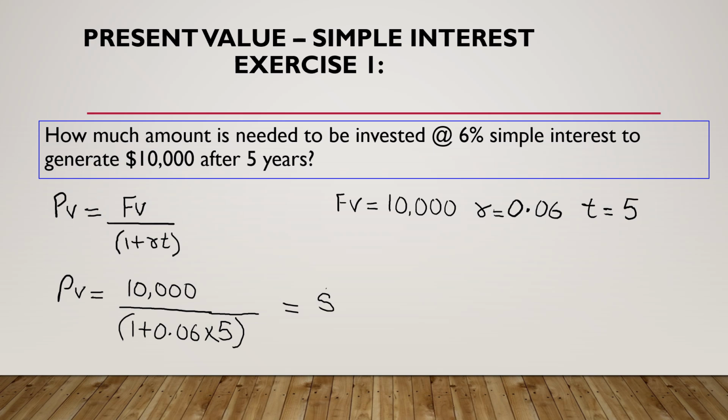So how many dollars do I need to invest today in the bank? It is $7,692.23. So in order to get $10,000 after 5 years at 6% simple interest, I need to deposit $7,692.23 today in the bank. Is that clear? Let's take one more example.